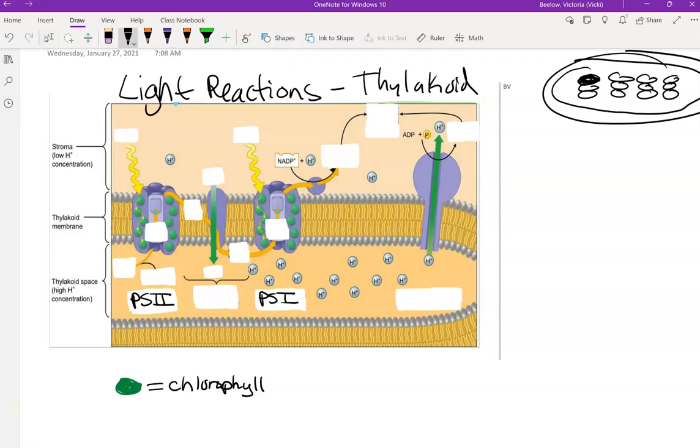So you can see here that that light energy will get absorbed by the photosystem, specifically the chlorophyll that's in that photosystem. And it looks green because green is the only color that plants cannot absorb, and therefore it is reflected. So plants are absorbing the other colors like red, blue, violet, orange, etc., and they reflect green.